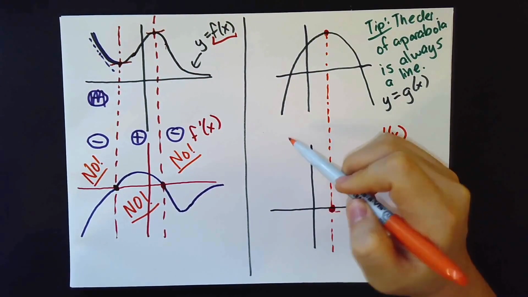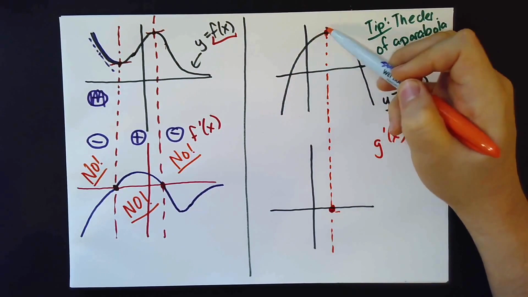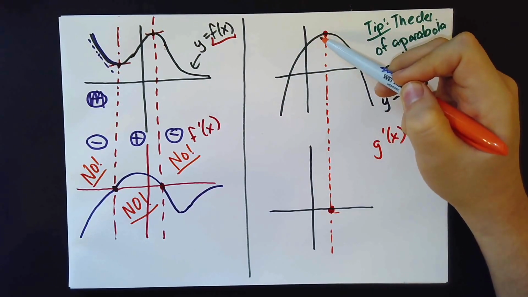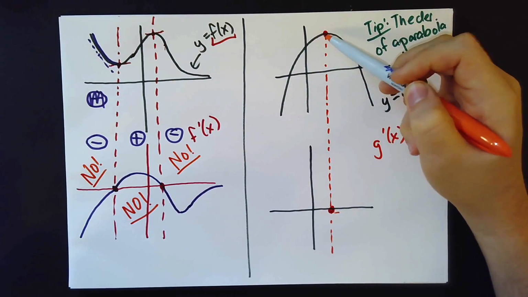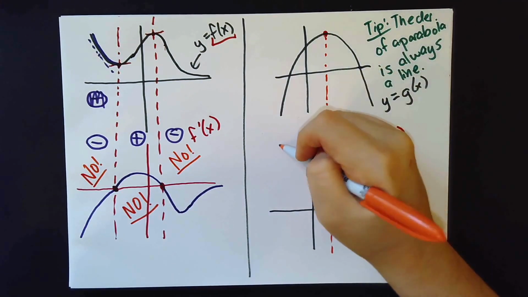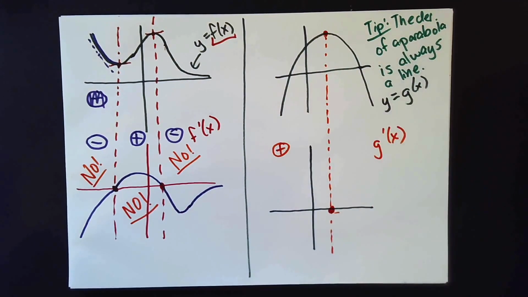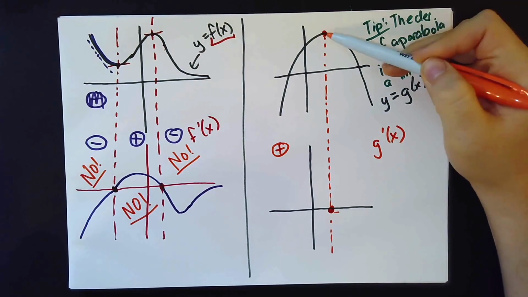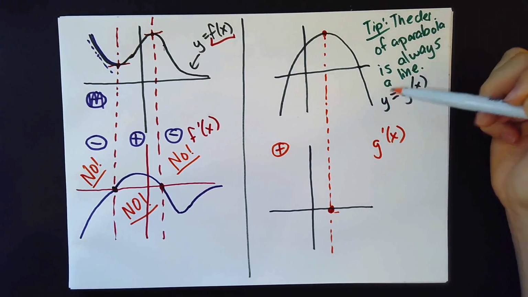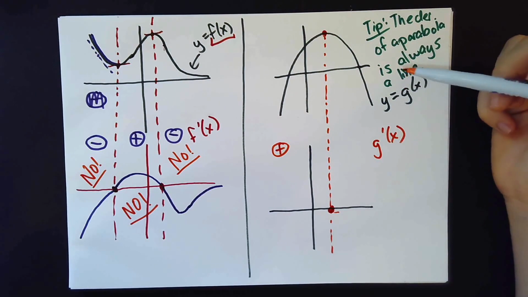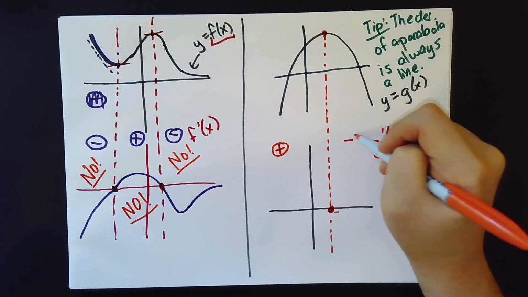In the left sector, this function is increasing. It has positively sloped tangent lines. And so in that piece, the derivative is positive. Over here, the function is decreasing. It has negatively sloped tangent lines. And so the derivative is negative.